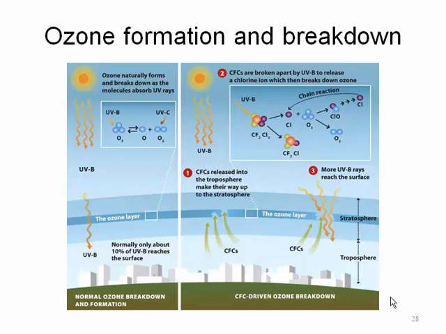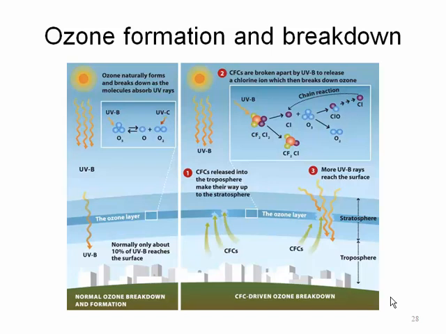This is occurring in what's called the ozone layer, but ultimately it's most prevalent in the stratosphere. And it's the presence of that ozone that restricts the presence of the UVB, about 90% of it, from reaching the Earth's surface. What happens on the right side of the diagram here is that the presence of chlorofluorocarbons changes that reaction process.